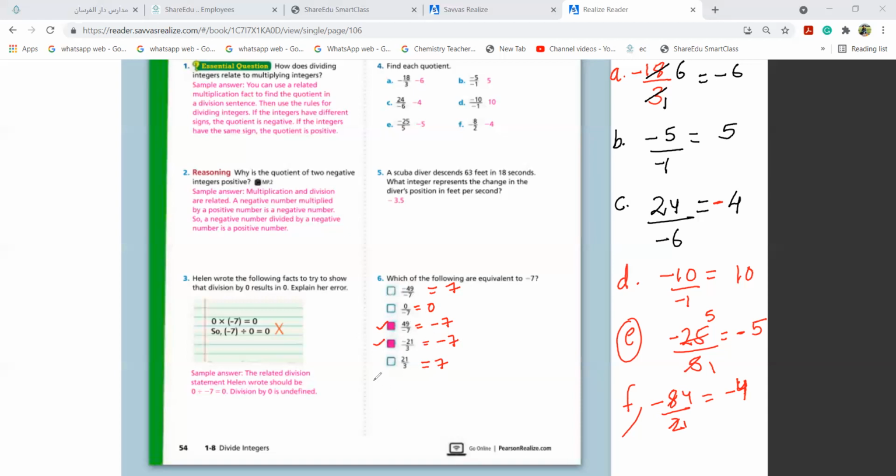You have to know that minus 49 over 7. If it's 3 over 2, if they don't ask you to simplify, you will write the answer minus 3 over 2.